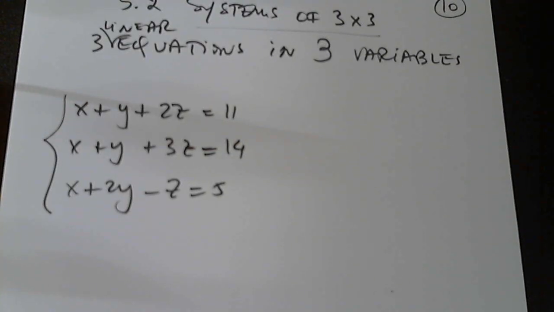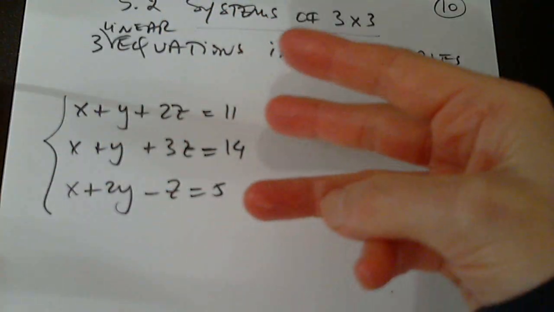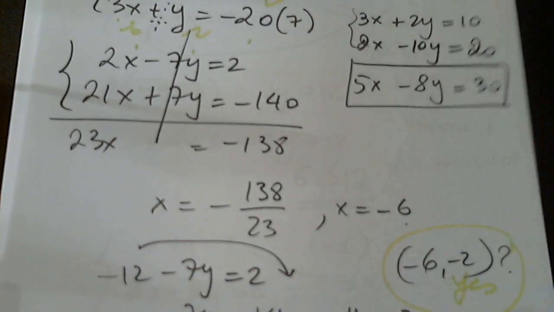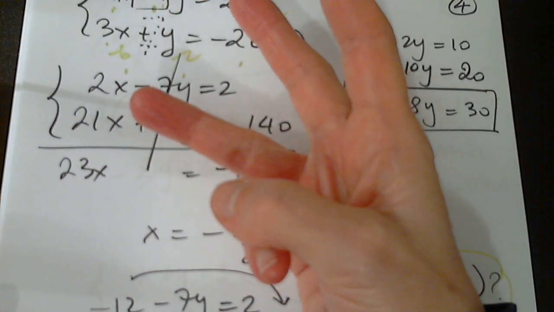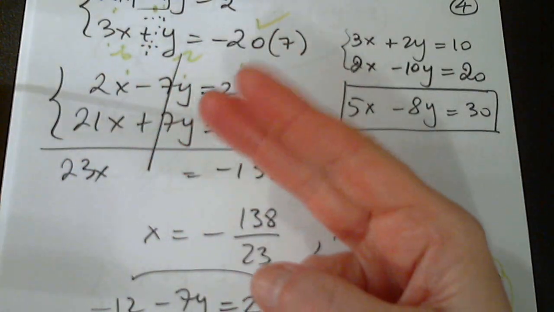Okay, so I have three variables, x, y, and z, and I have three equations. Now, what is the idea? It's the same idea as before, meaning from three equations this time, I have to reduce those three to two equations.